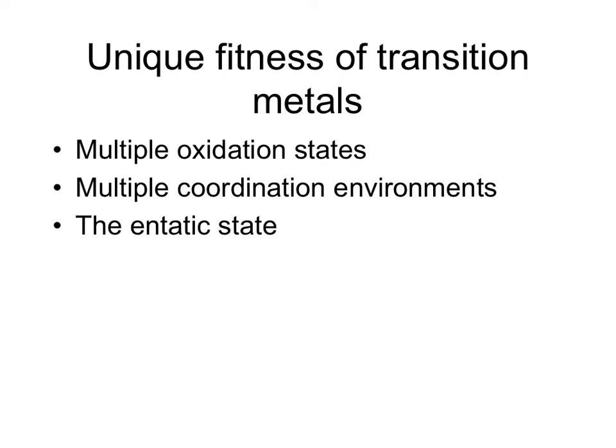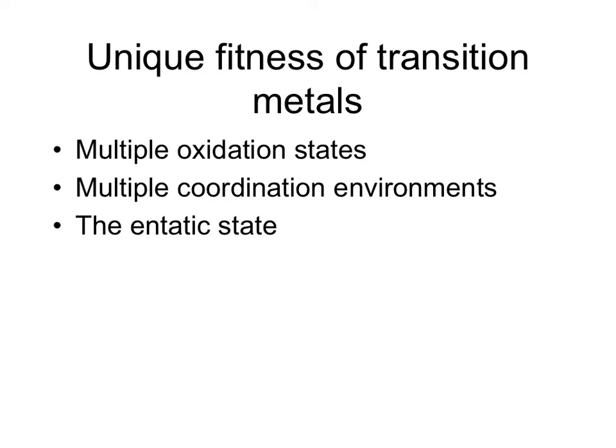So in addition to oxidation states, metals can have multiple coordination environments. And this is best seen in copper. Copper 1 has one geometry. Copper 2 has a different geometry. And the homework this week, one of the homeworks, is having you prove this claim that copper 1 should be tetrahedral and copper 2 should be square planar.